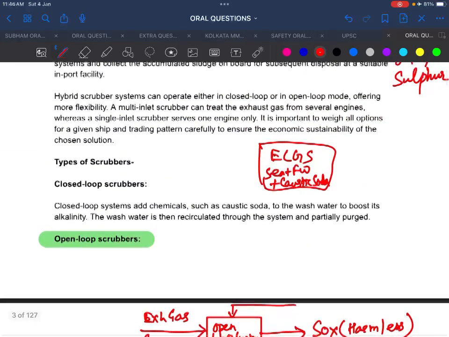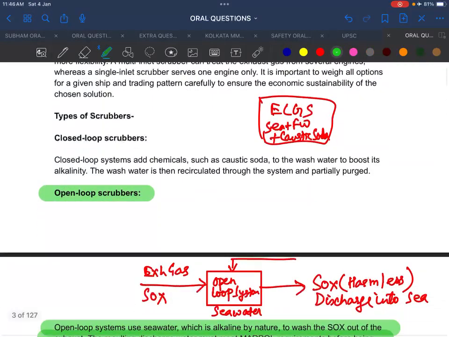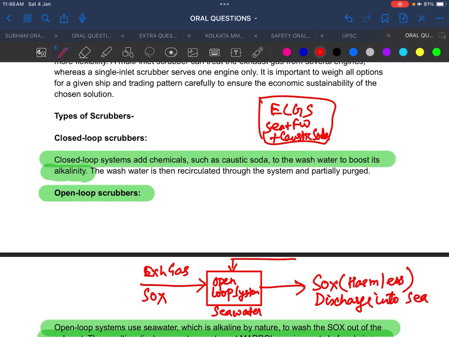And the closed loop system: this is also the same, but with just a little bit of change. In the closed loop system, a chemical such as caustic soda is added to the wash water to boost its alkalinity. Most of the time the surveyor will ask, why are you using caustic soda?